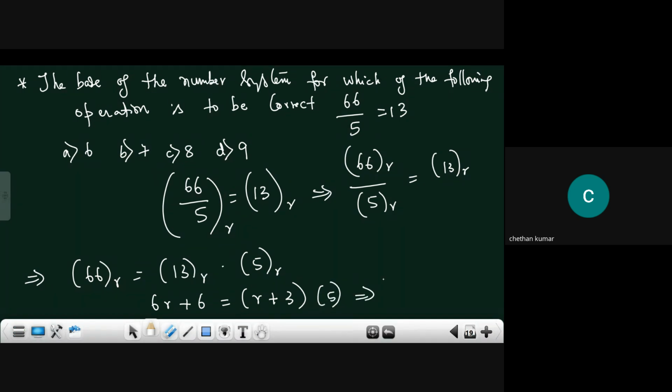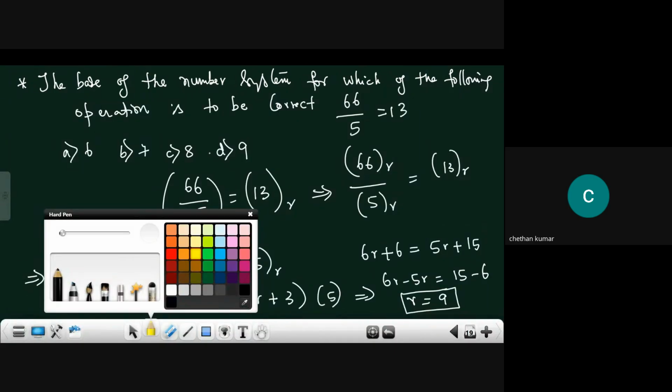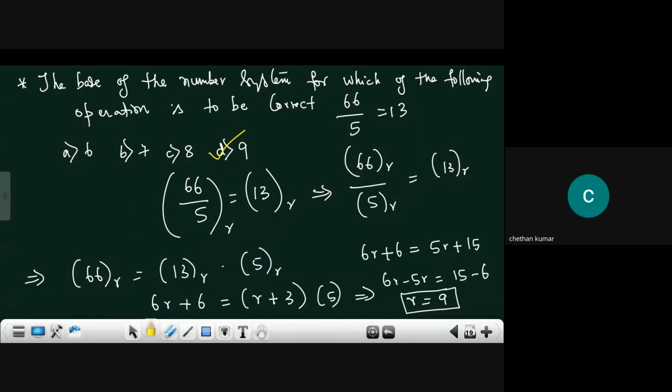Again, you can write 6r plus 6 is equal to 5r plus 15. So 6r minus 5r is equal to 15 minus 6. Then r is equal to 9. So the correct option is D. You understood?